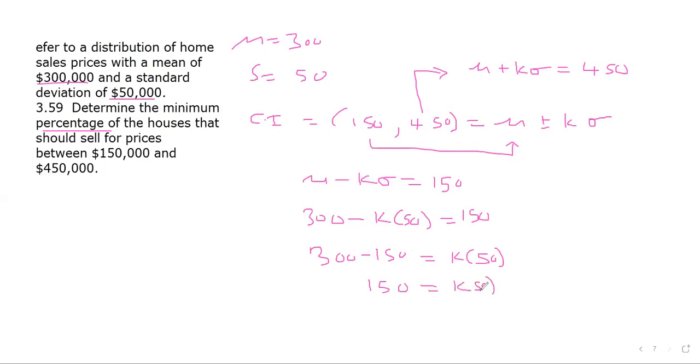If we divide both sides by 50, our k will be 3. So using Chebyshev's rule, we're being asked the minimum percentage. So we know that for 3, the minimum percentage is 88.9%.